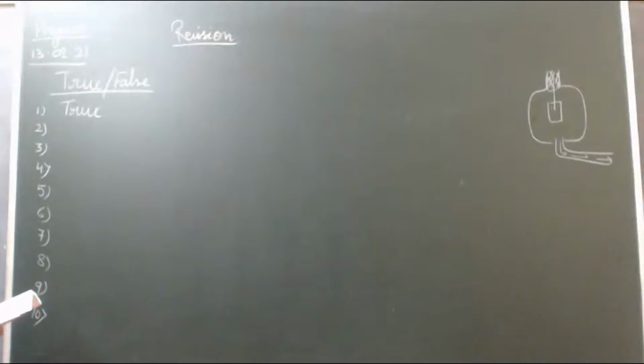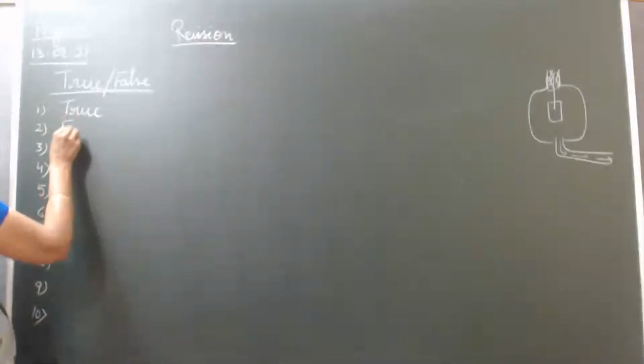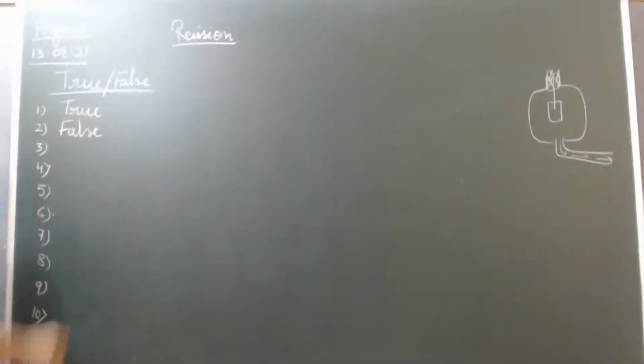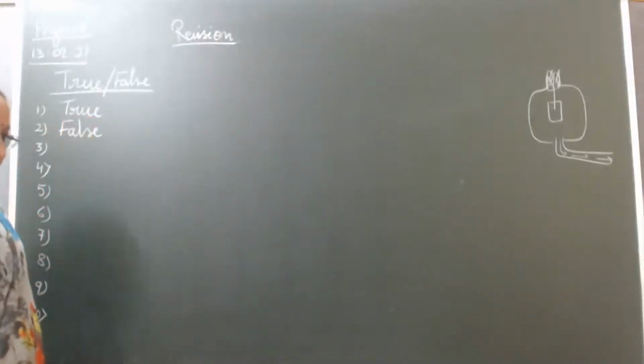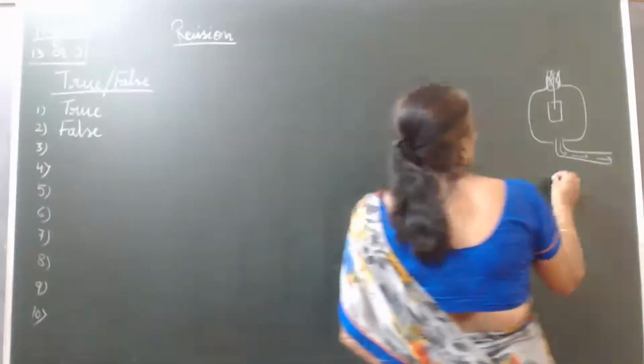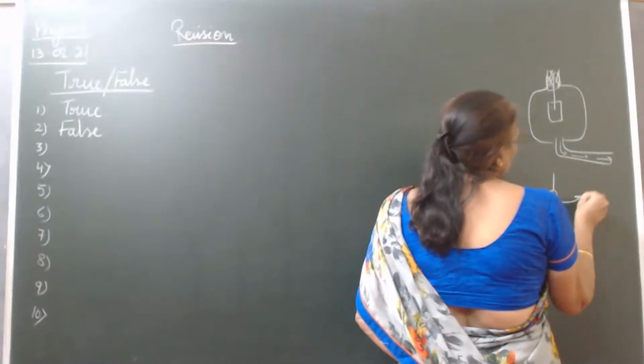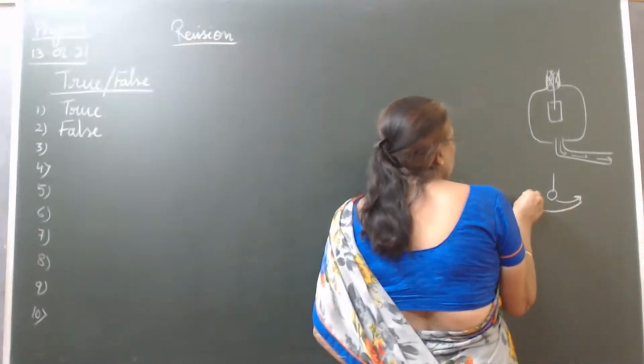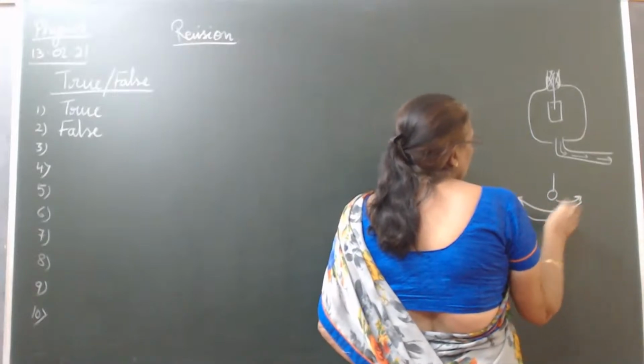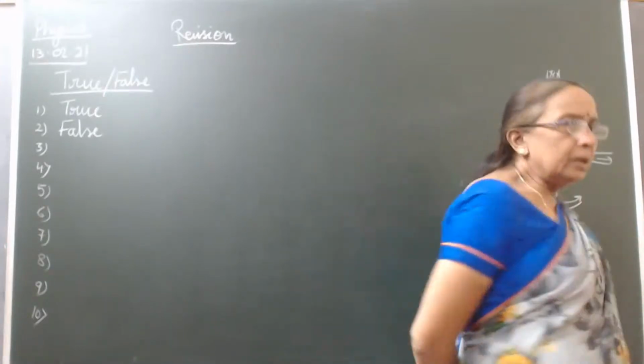Second one. The number of oscillations per second of a vibrating object is called its time period. False. As the name indicates, it is the number of oscillations per second. I say one oscillation when you hang the pendulum, it goes to one side, then to the other side, then again to the same place.